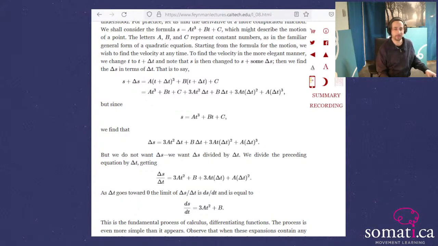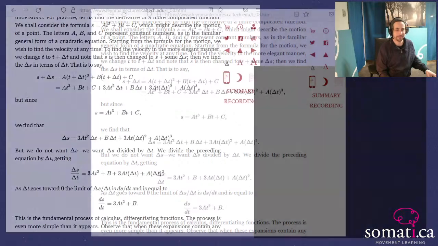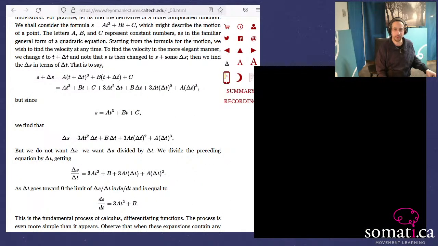Alright, I shy away from this, but I may as well. Do it live. Let us say that the position of something is this more complicated function: coefficient a t cubed plus some other coefficient b times t plus c, a constant, describes the movement of a point.